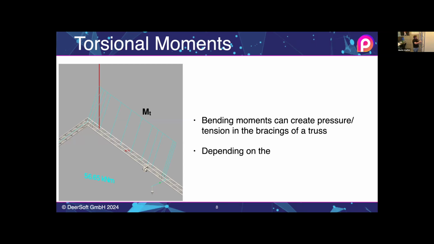If you have this offset, so that there is one of the two chords here and one of the bracings here, then it also creates forces in the chords and the bracings. A typical example in European truss for the first pattern is Prolite H30V, which only generates forces in the bracings.